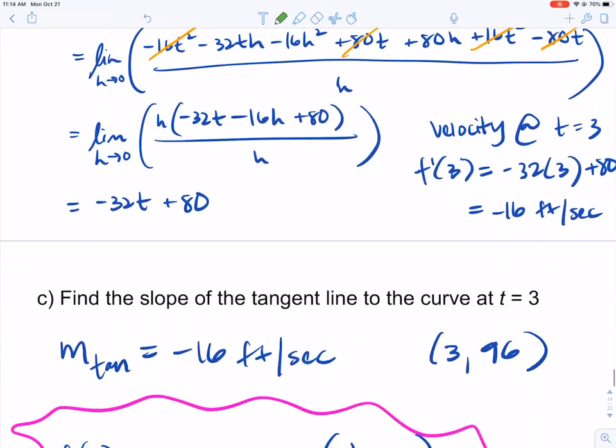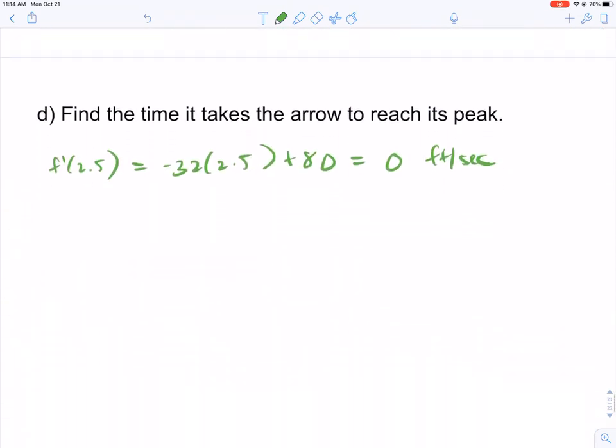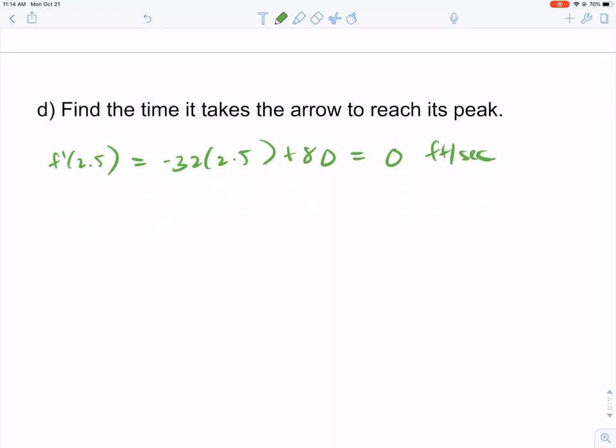So we're actually able to, from a calculus perspective, determine when the arrow reaches its peak by solving for when the velocity, so when f prime of t, would be equal to 0.